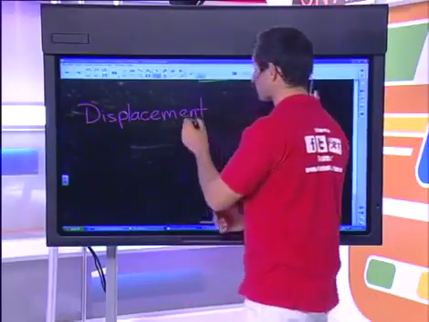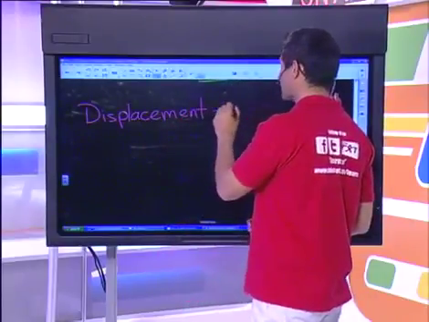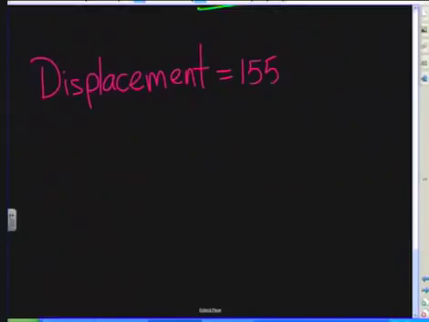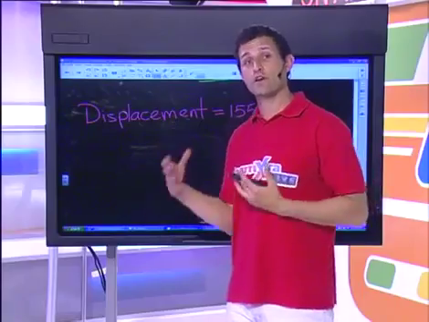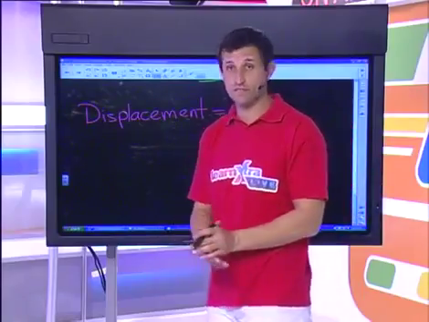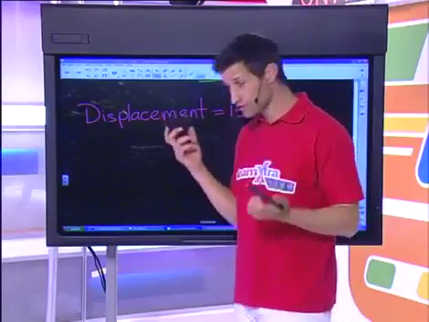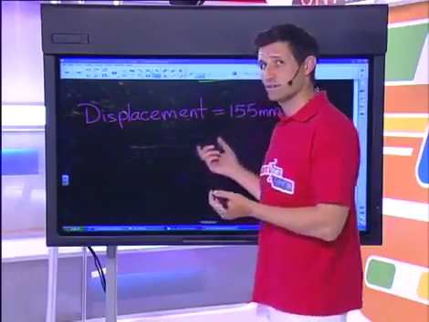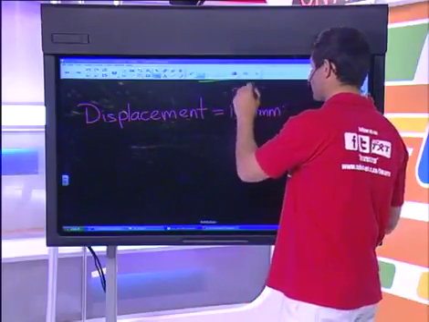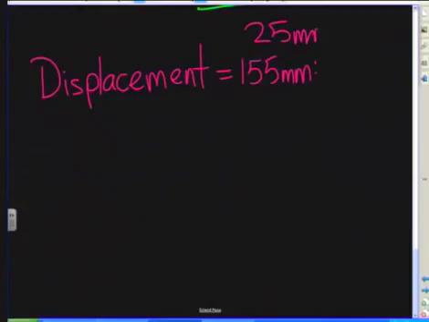My displacement on my map, what was the size? It was 155 millimeters. Now I want to know what that was in real life. Let's scale it up. Let's try and find out what the real life displacement was. So now remember what I said? You divide by 25 millimeters to get rid of the millimeters, the thing that you have.